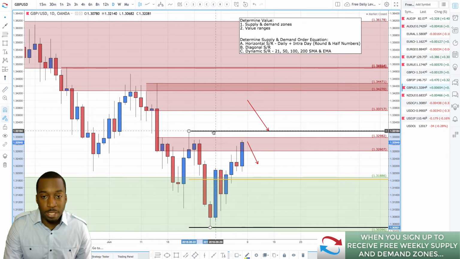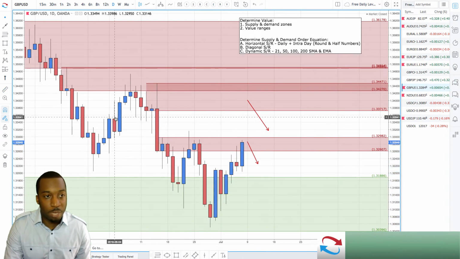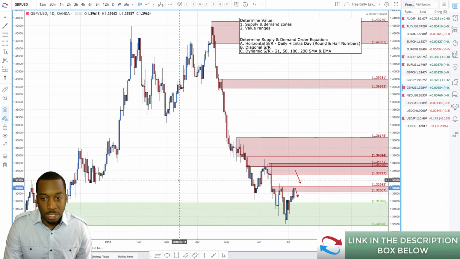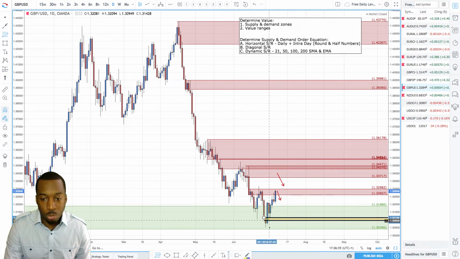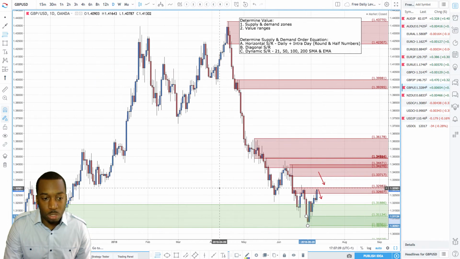But if we're looking at this from a buying perspective, if we zoom out a bit, we're still within this range, but we've also got some demand zones probably down at the bottom right here. That's probably going to be the next demand zone within that overall range. Should I get rid of that?